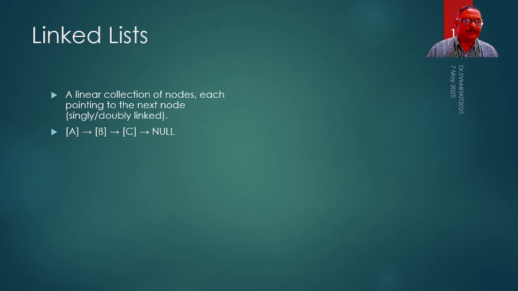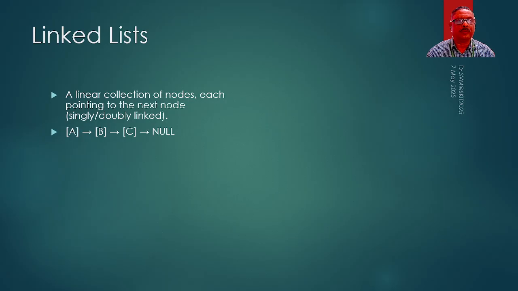But the only thing is, make sure that the links are properly shown that this is A, then where the next one is here, which is B, where the next one is here. So that is shown by the arrows. So some sort of graphical presentation we can use where each node represents the data and each pointer represents where the next node is.